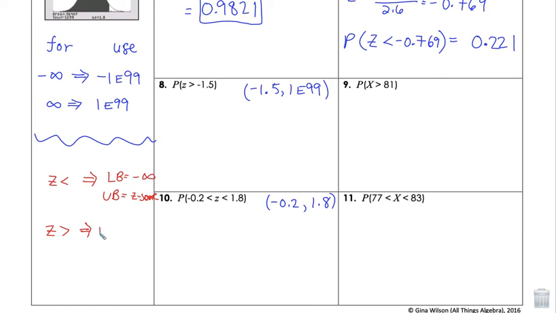So our lower bound is the z-score. Our upper bound is infinity. And don't forget, negative infinity and positive infinity are these numbers typed in the calculator. And then, like I said, for like number 10, you have both ends, so you're just using those numbers. You won't be using infinity or negative infinity.